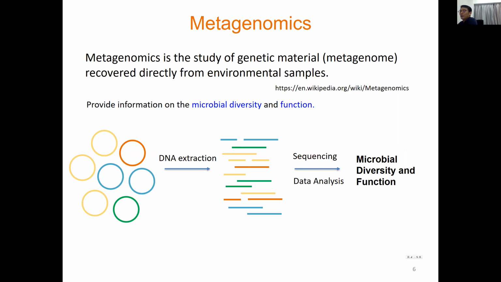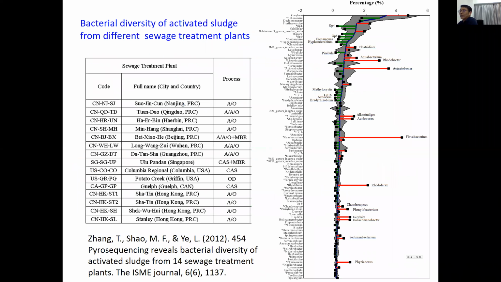A few years ago, maybe I think in 2010 or 2011, we investigated the bacterial community in the active sludge from several different municipal wastewater treatment plants in different locations of the world. Some from mainland China, and some from Hong Kong, Singapore, and some from North America.